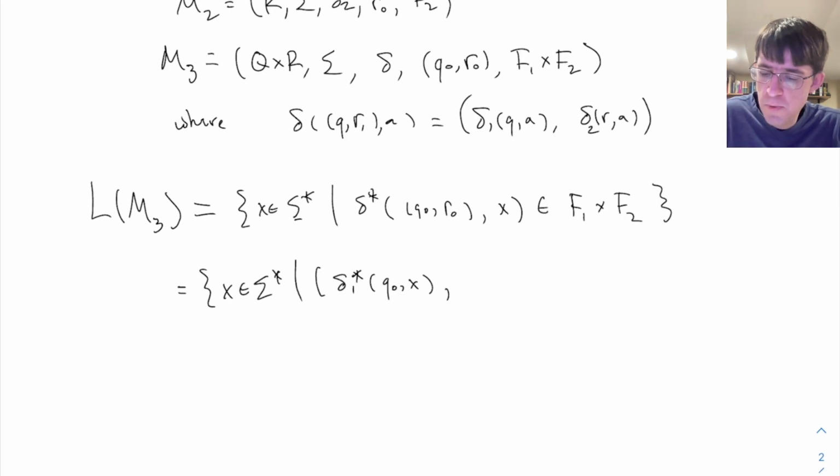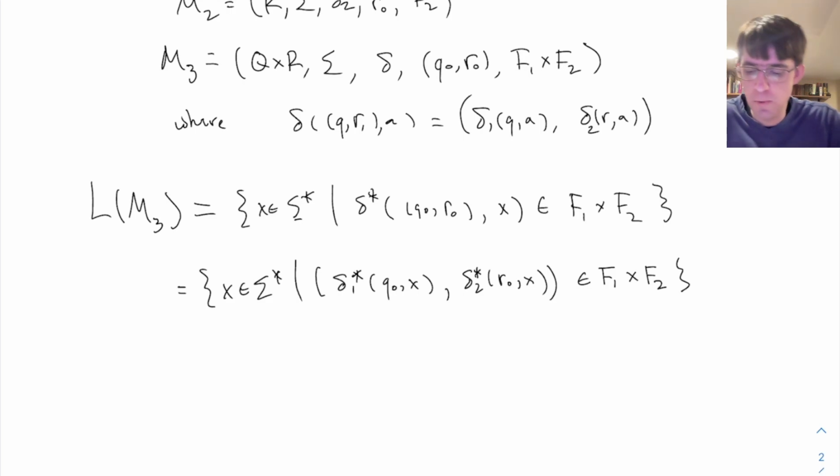I'm basically just writing this stuff, but using Q0 and R0 instead of Q and R, and using x instead of A, and delta star instead of just delta. And then here, delta 2 star of (R0, x). Okay, that's that. All right, that was just the definition of delta star.